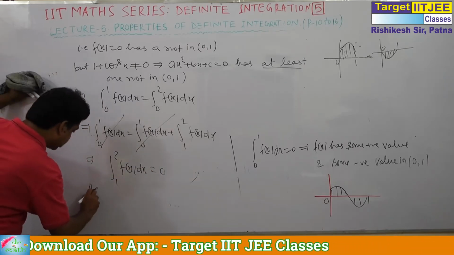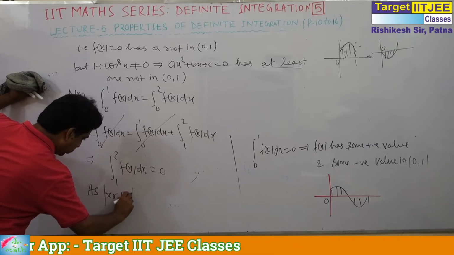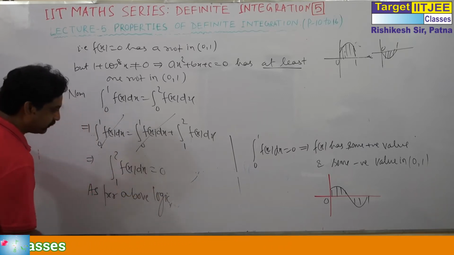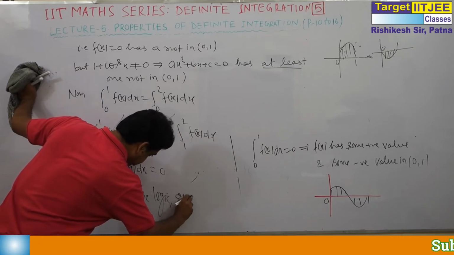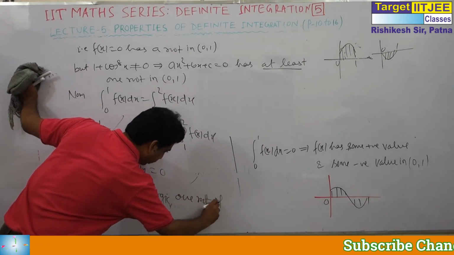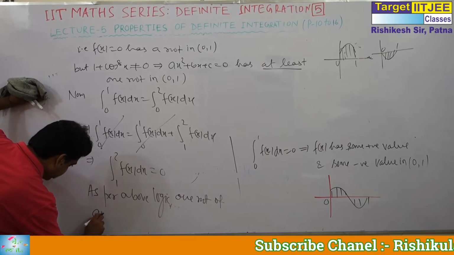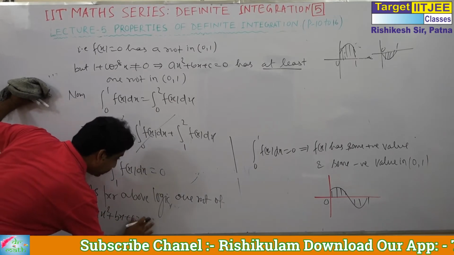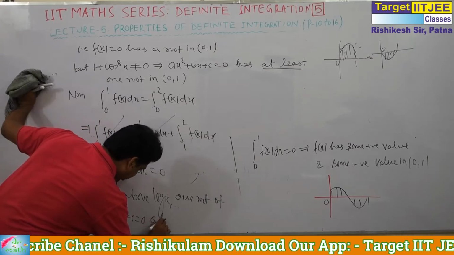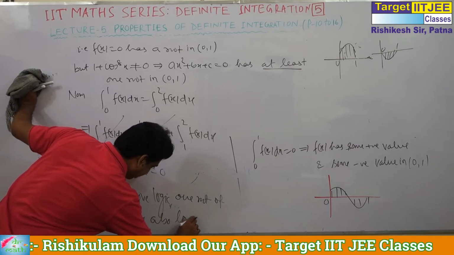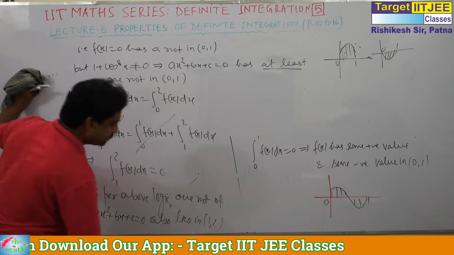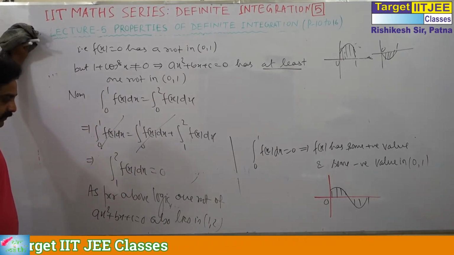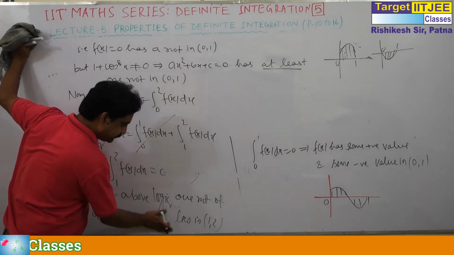As per the above logic, what do you get? One root of ax square plus bx plus c is equal to 0 also lies in 1, 2.